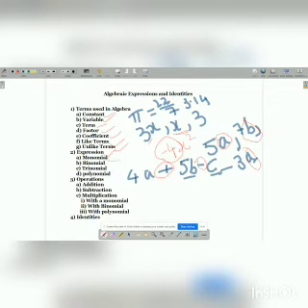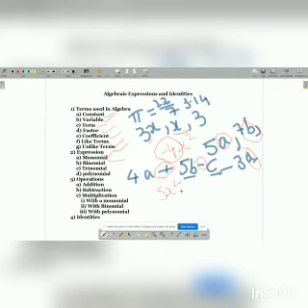The name itself is telling you: mono means single, means one. So the expression consists of one term. For example, if I write 5x square, this is a term, and if I take it as an expression, this is a monomial.